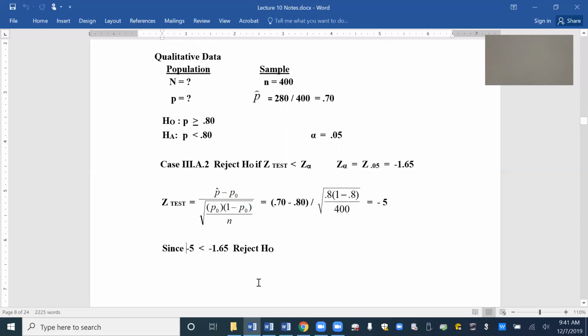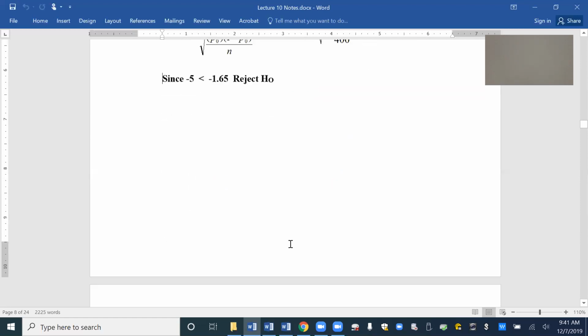And we got a Z test of minus 5. We crushed it. We're absolutely certain they're lying. They overstated. I don't think the government's case against Kia was this strong. This is extremely strong. 5 standard deviations away. Not in this lifetime. All right, so that's the subject of hypothesis testing.